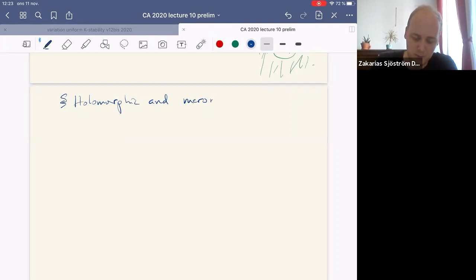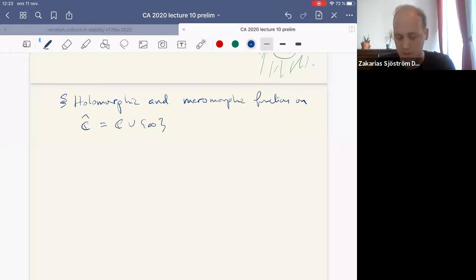So holomorphic and meromorphic functions on this C hat, which, I remind you, is C union this point at infinity. It was a one-point compactification. Okay, so this is the Riemann sphere.